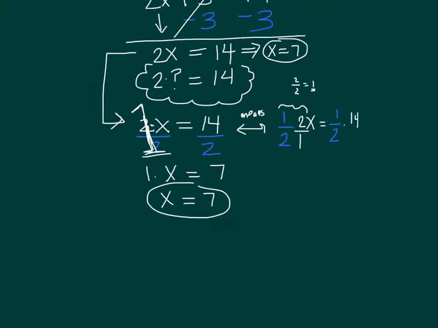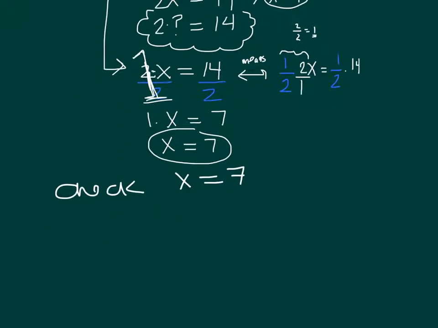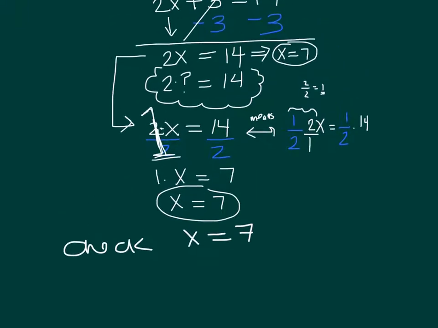Now let's check our solution. Let's check x equals 7. This is our proposed solution, or what we claim. I'm claiming that x is equal to 7. Let me check it, or I want you to prove it to me that it does in fact work. This goes back to evaluating an algebraic expression.